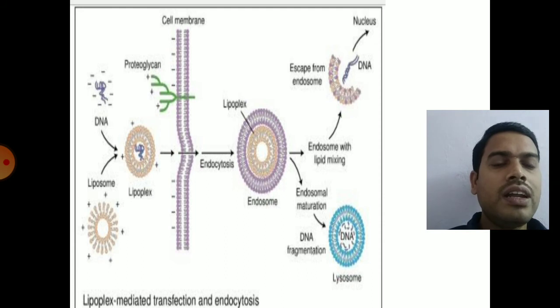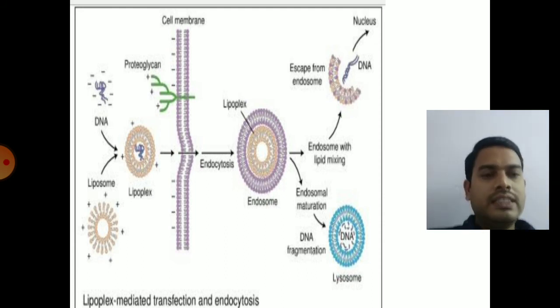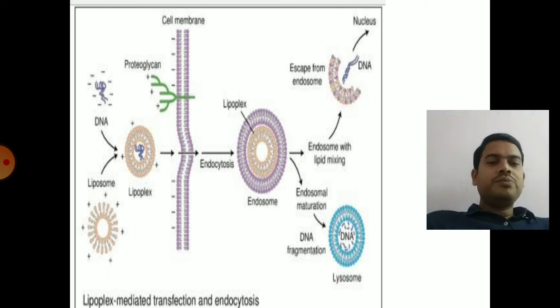So whenever liposomes are introduced into the cells, there is a chance of mixing with lysosomes and degradation in the lysosomes. This is prevented by the Lipoflex, which contains two coats.